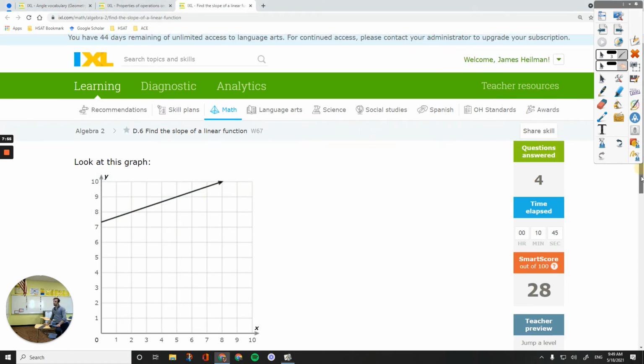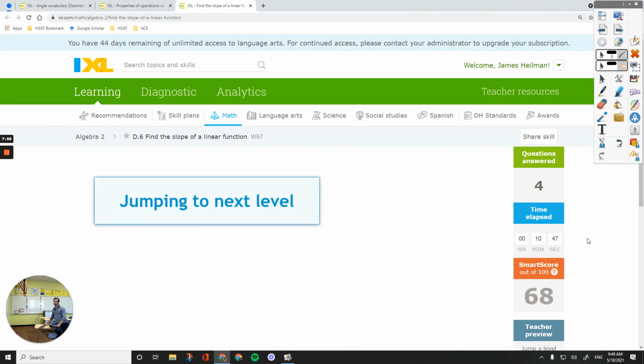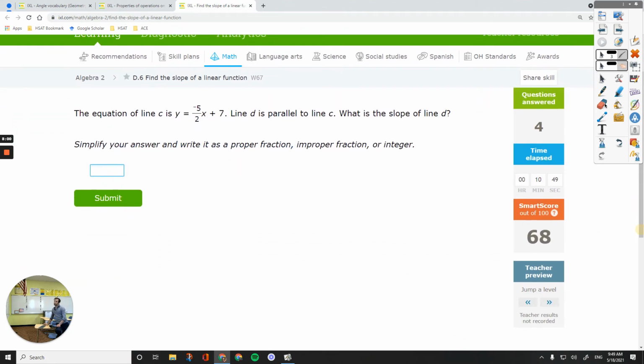Let's see if it gets any harder or if you have any different questions. Okay, let's do this one. The equation of line C is given. Line D is parallel. Okay, D is parallel to C. What that means is the slopes are the same.